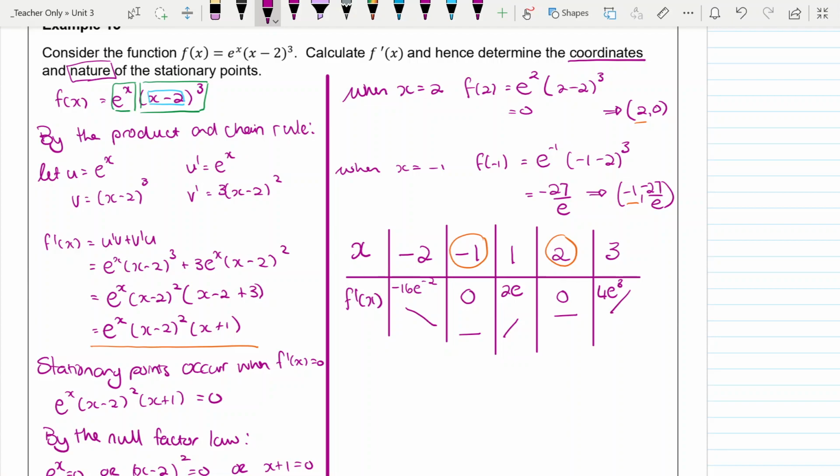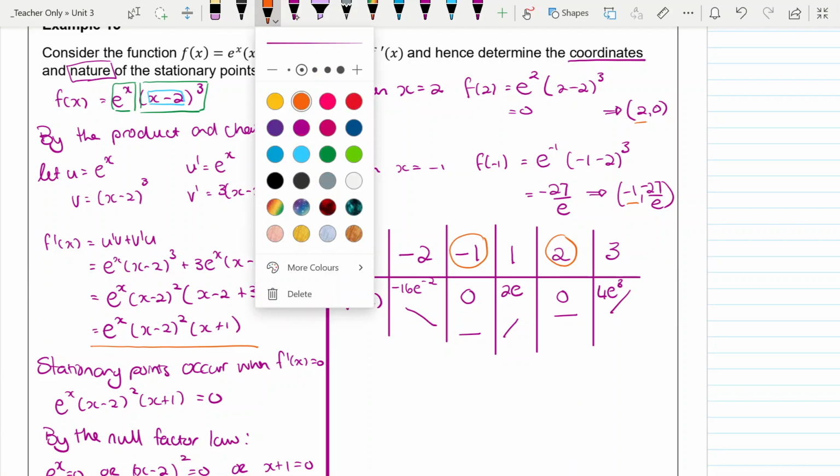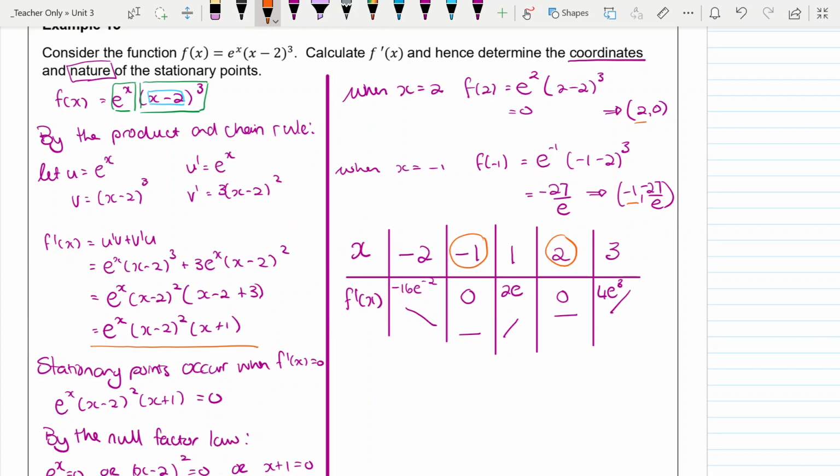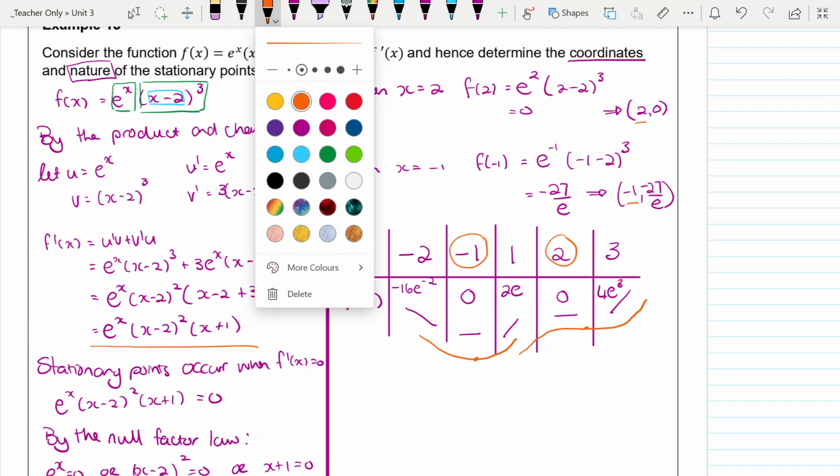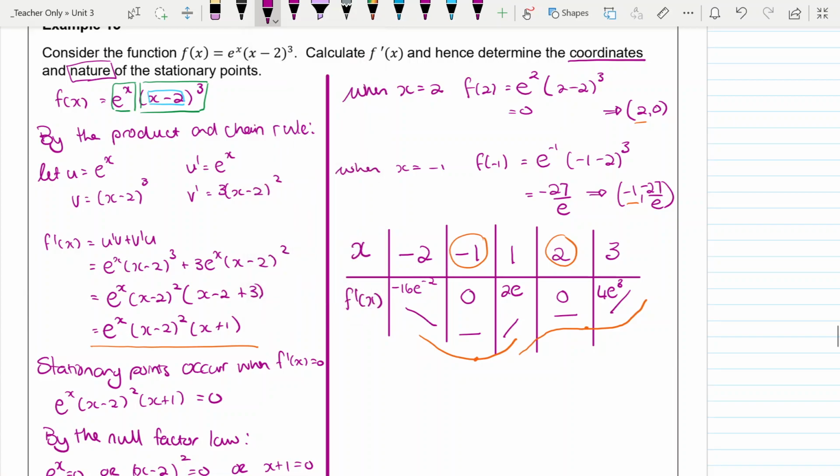Now the cool thing about drawing this little table is that we can actually follow our curve, and that gives us an idea of what we have. So what we have here is we have a minimum turning point at -1, and then what we have is a point of inflection on a rising curve happening at -1 and -27 over e.